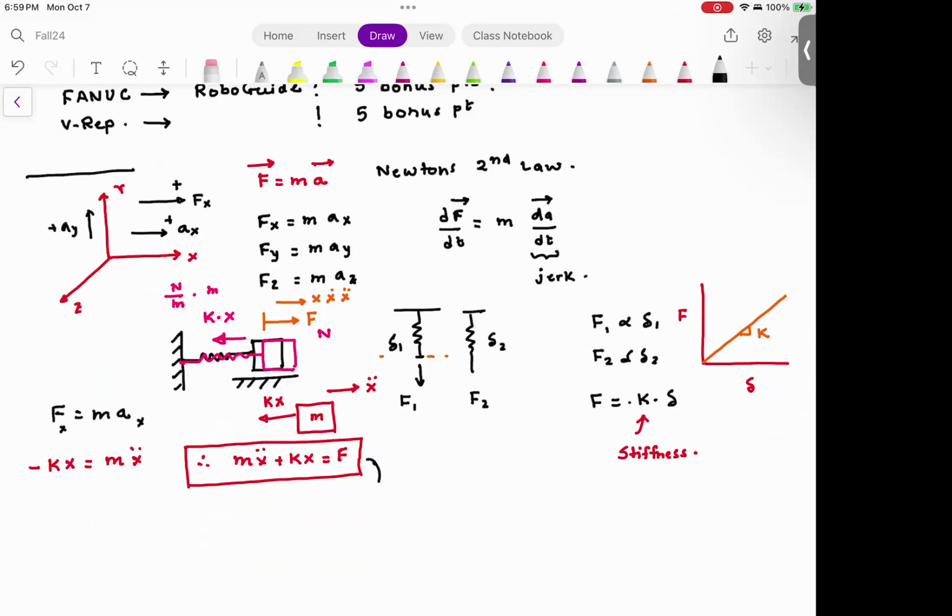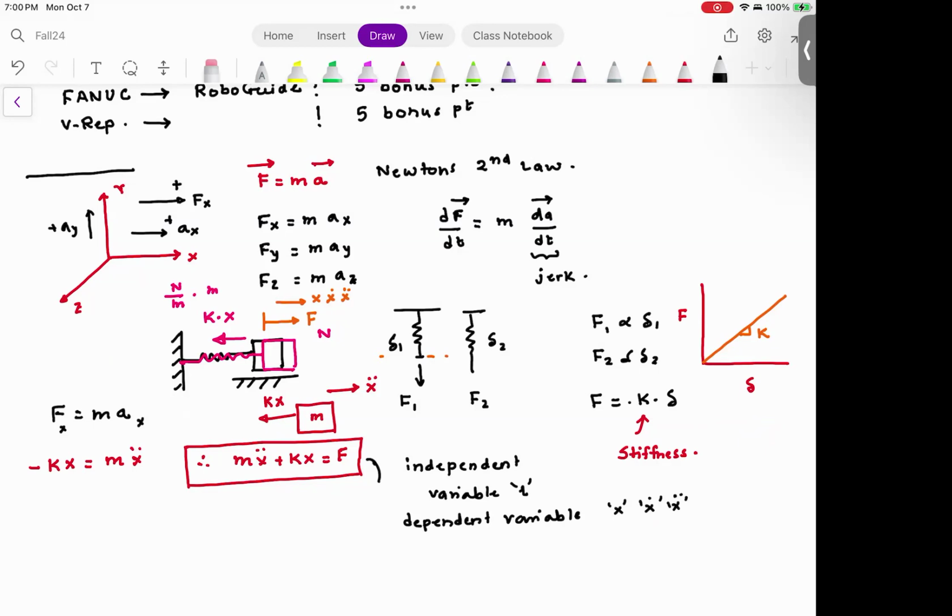Because please note that the independent variable is t, and there are three dependent variables: x, x dot, and x double dot. Do you agree with me?